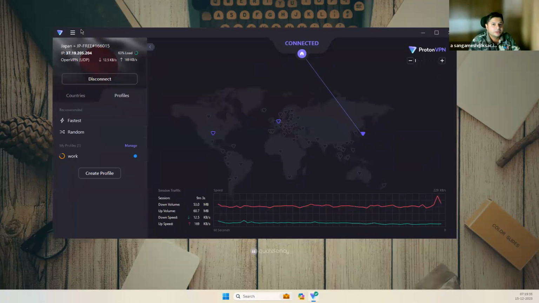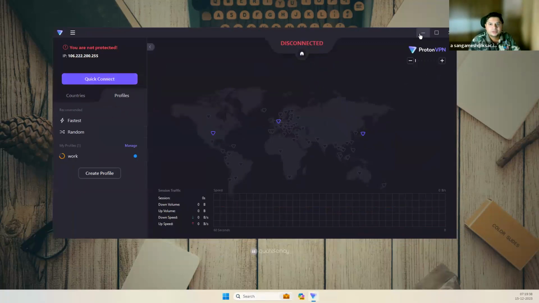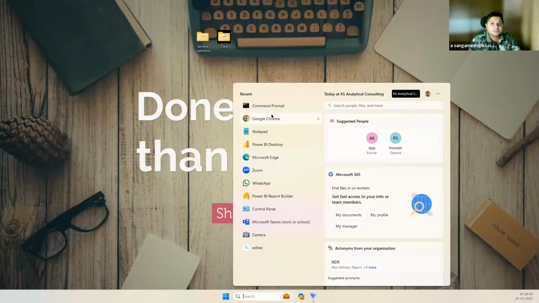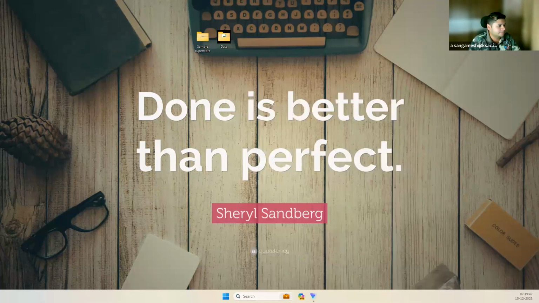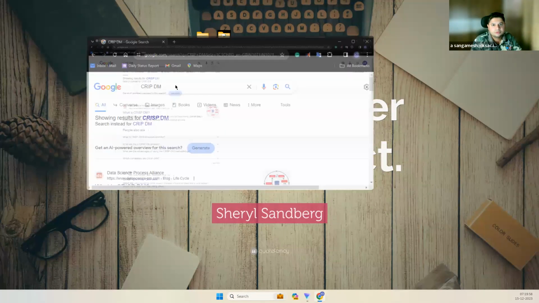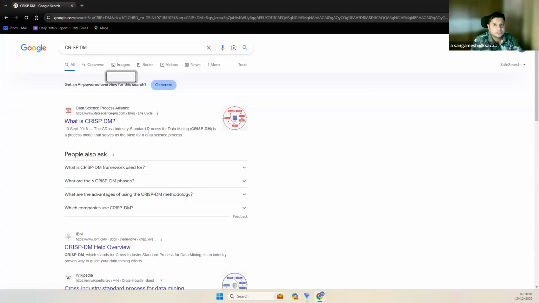Meanwhile, let me turn off my VPN. See what is meant by this. CRISP-DM stands for the cross-industry standard process for data mining.